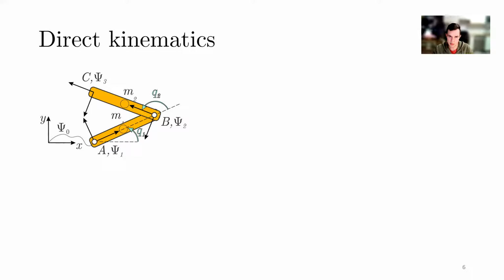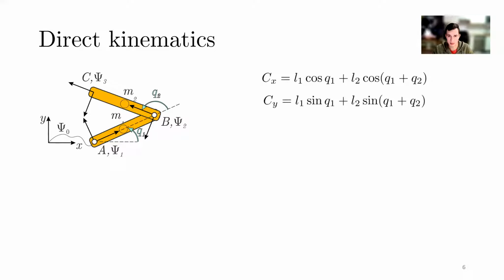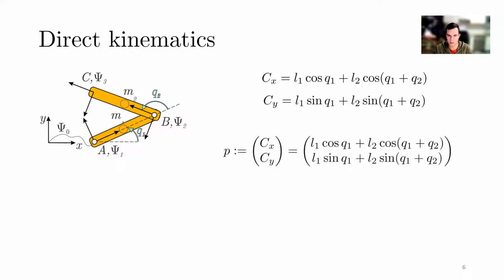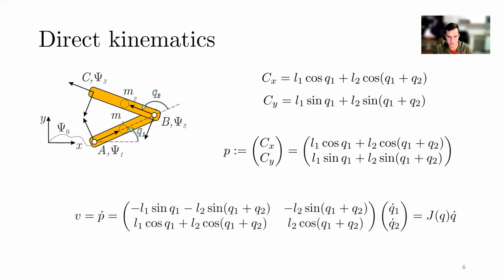First of all, we can solve a direct kinematic task. Here is trivial trigonometry to calculate the position of the end effector. So it is position. We can write it in the matrix form. We can take a time derivative to calculate velocities. Here you can see the vector of angular velocities, and this matrix is called the Jacobian, J.